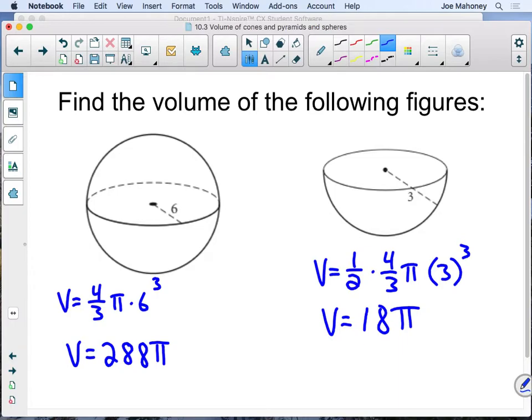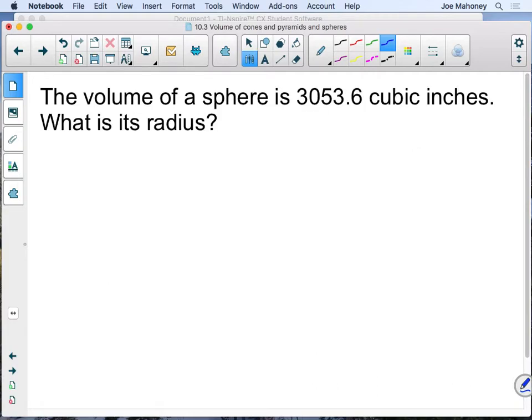Now let's work the other way. Instead of giving you a radius, what if I tell you what the volume is? And we want to find the radius of this sphere. Well, we can write an equation for it. The volume is going to be 3053.6 equals 4/3 times pi times radius cubed.